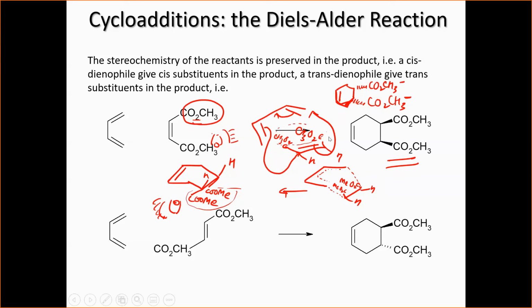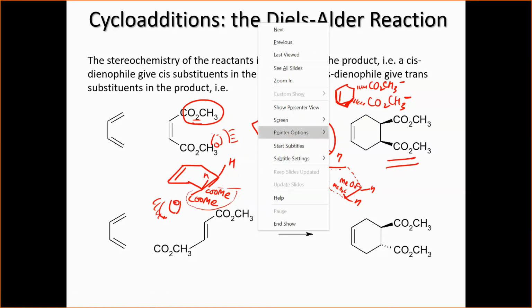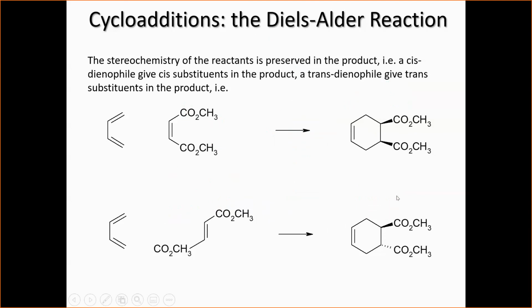Okay. Now, let's try to understand another reaction so that you'll have a clearer vision. Let me first take a look at another molecule. In this molecule, it's the same thing. Again, you have a double bond here, and remember that one CO2CH3 is facing outside and the other one is facing inside.